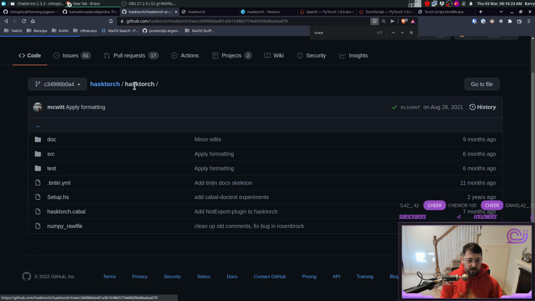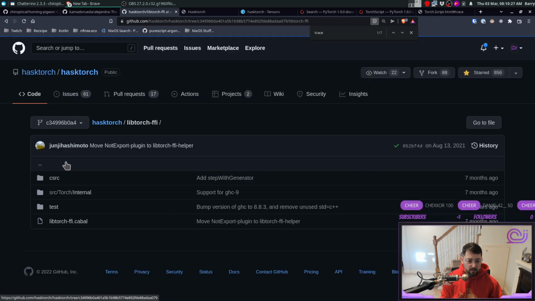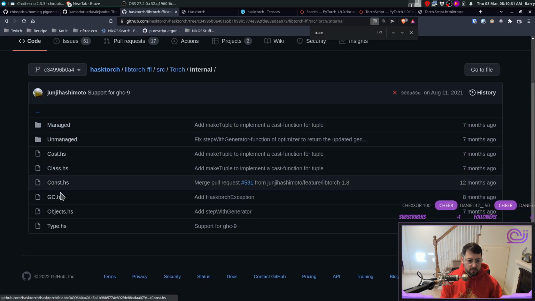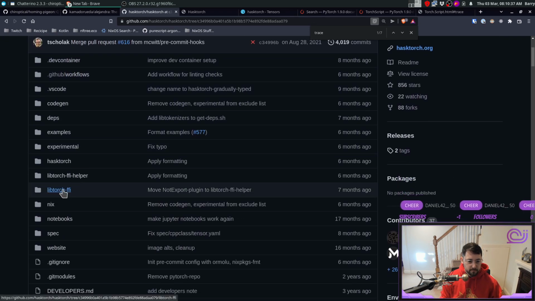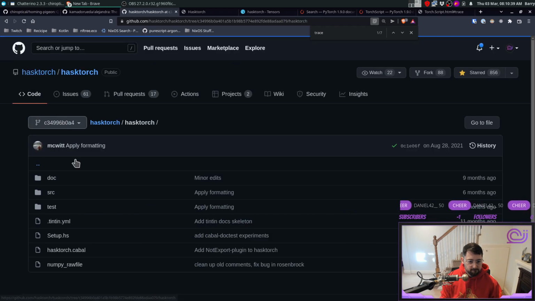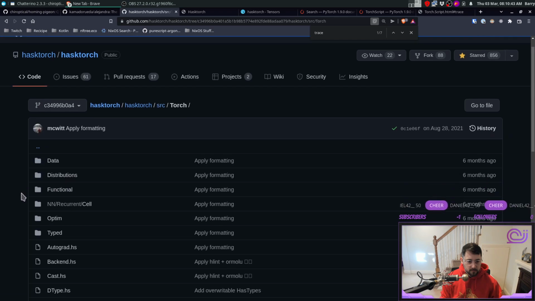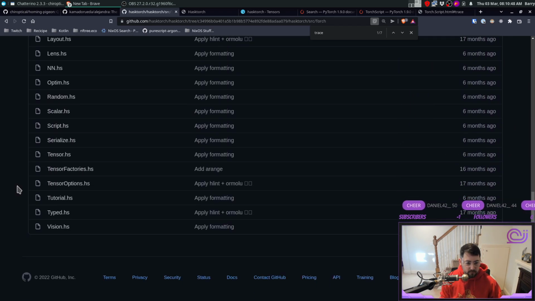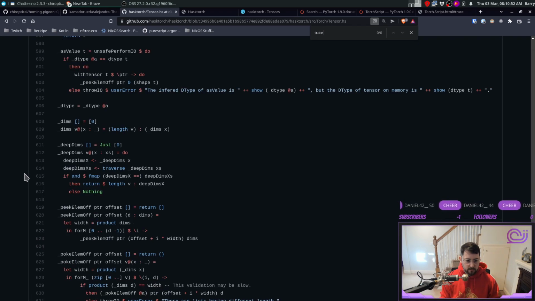So let's see if we can find that real quick. It would be probably here. Torch internal. Doesn't look like it's there. Tensor. Trace.